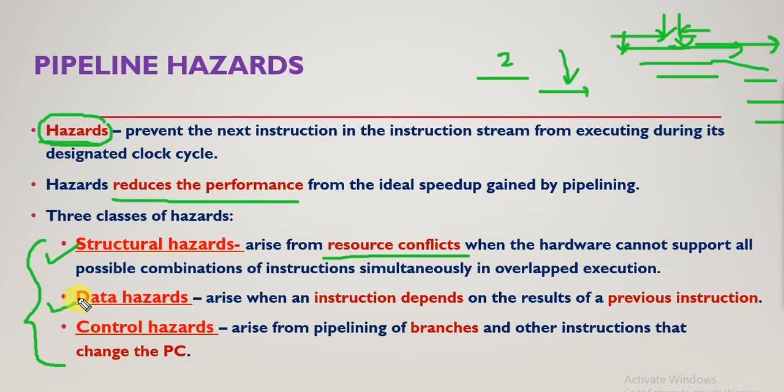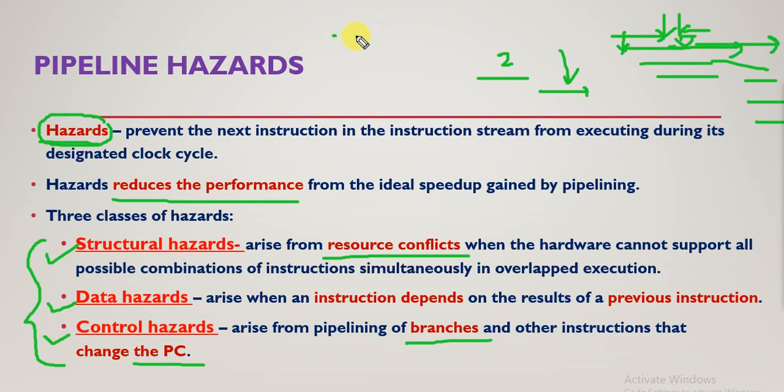So the second type of hazard is called data hazards, and the third hazard is called control hazards. It arises from pipelining of branches, when we use branch instructions and when the instruction changes the program counter, the PC. Sometimes if the program counter value changes due to some operations, it cannot decide what the next instruction to be executed will be.